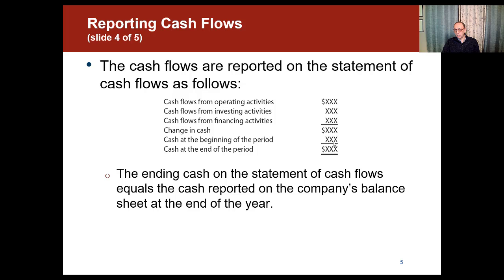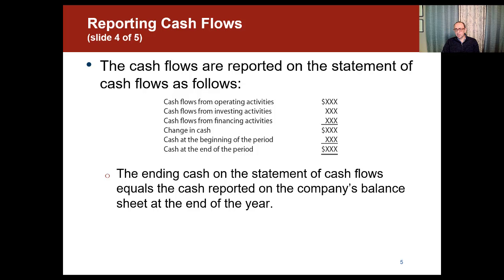Then we take this change and add it to the beginning balance of cash, which we can get from the previous balance sheet, and that will give us the cash at the end of the period, which should match what we have in cash in our balance sheet. So it's a good way to reconcile with the balance sheet to confirm that the cash balance is correct.